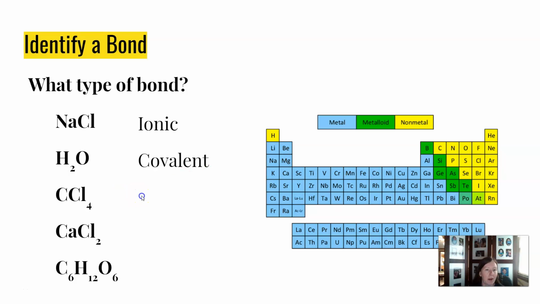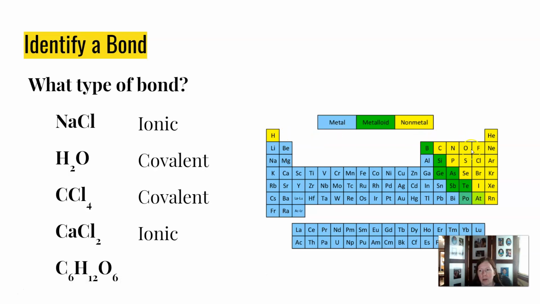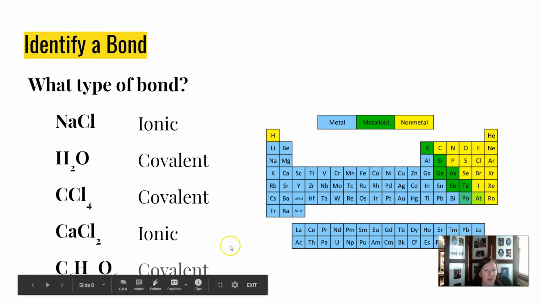Chlorine is yellow. Again, covalent bonds. The next one, we have two elements, calcium and chlorine. Calcium is blue. Chlorine is yellow. So we have a metal and non-metal. So it's ionic, I-cross. And the last one we have carbon, hydrogen, and oxygen. So carbon's yellow, hydrogen's yellow, oxygen's yellow. So this one would be covalent.